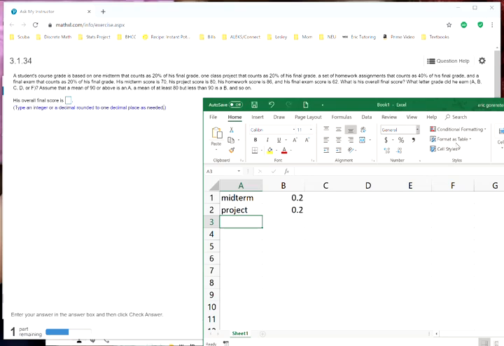Set of homework assignments is 40%. So homework is 40%. And a final exam that is 20%. All right, so those are the weights. Those are the percentage of the final grades.